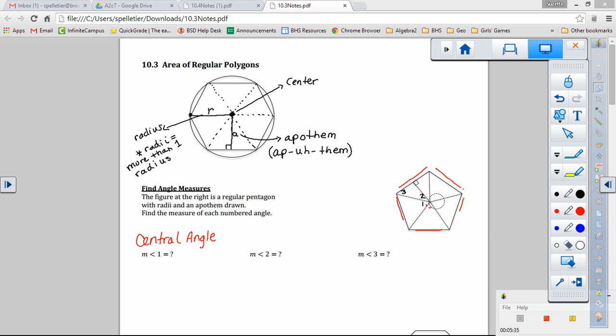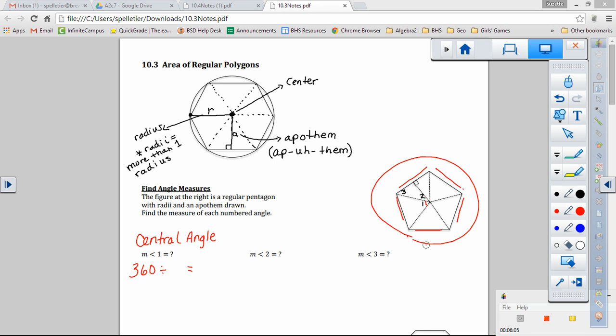So I'm going to get rid of these other marks for now. Angle number 1 is this central angle. How many degrees would that central angle be? So here's how we would do this. An entire circle, remember this is embedded inside of a circle, is 360 degrees, right? So we're going to take 360 degrees and divide it. The question is, how much do we have to divide it by to figure out what angle number 1 would be equal to?